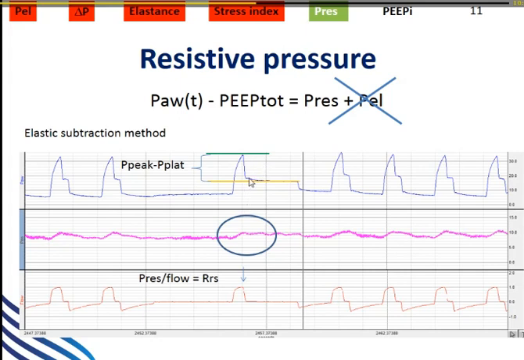And you finally make a step further by partitioning the total pressure drop into 2 components based on the pressure at the first zero flow. You have here the immediate pressure drop from the peak to this pressure at the first zero flow. That corresponds to the airways resistance.